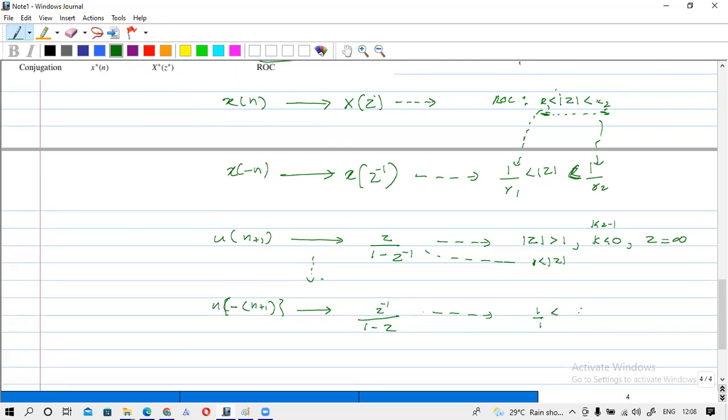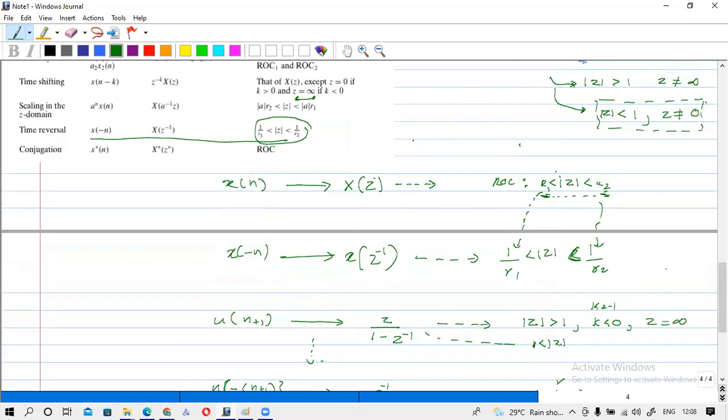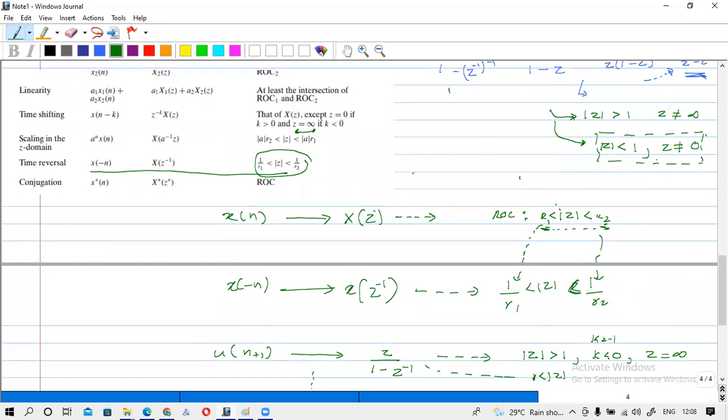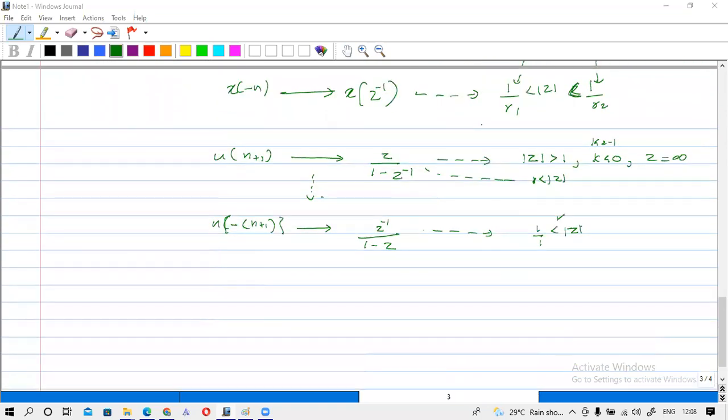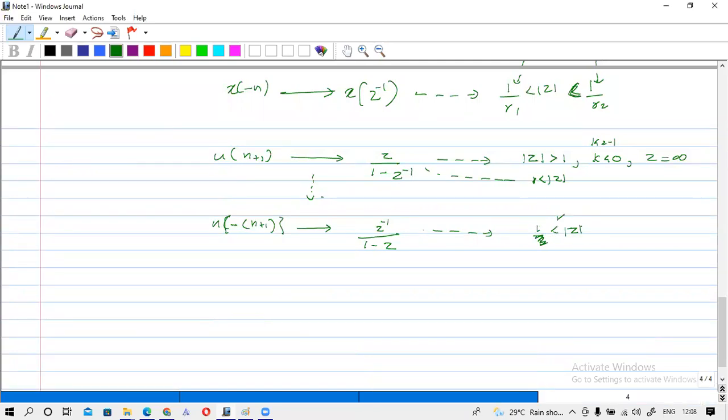I think that is the problem. So it will be z, and here z is less than 1, that is okay. Here the sign will not change. I'm sorry. So z will be less than 1, it is not changing.